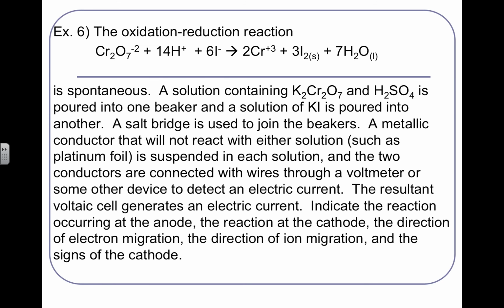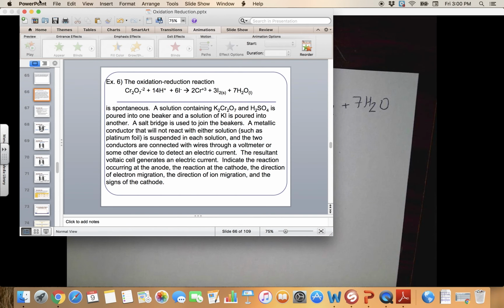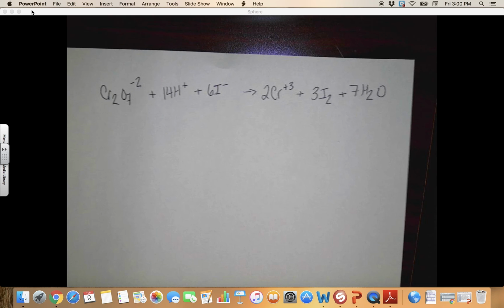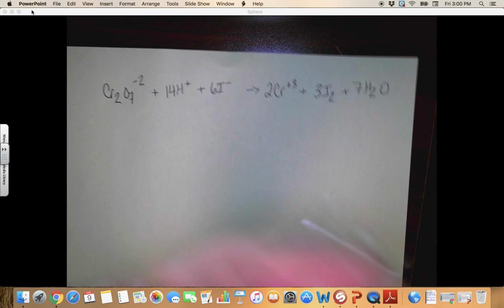So the first thing we need to do here, because this isn't on the activity series, is assign oxidation numbers so we can figure out what's being oxidized and what's being reduced. So here you go.